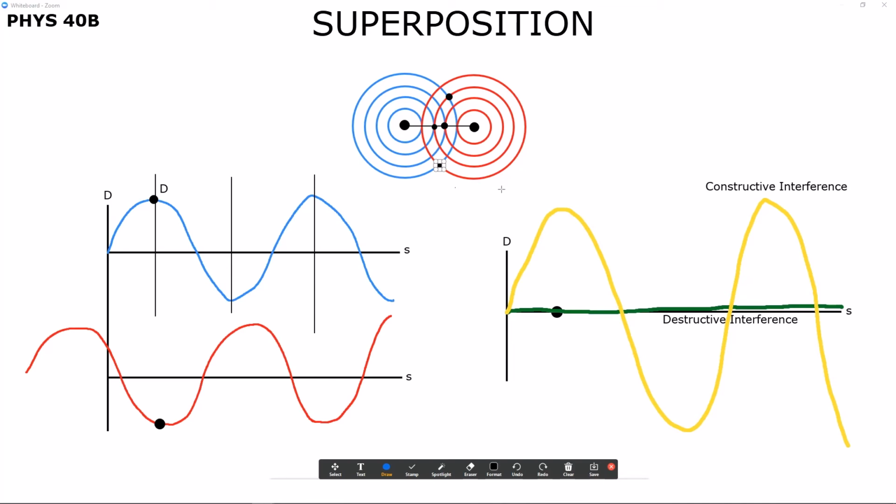A point of destructive interference would be where a trough lines up with a peak. If we say that the spaces between these are troughs, then where a trough lines up with the peak would be, let's say, right here.